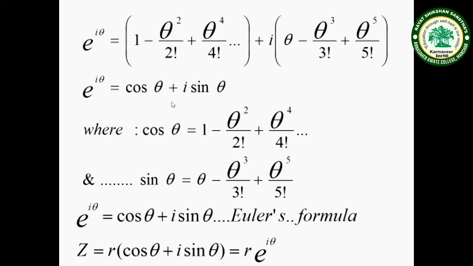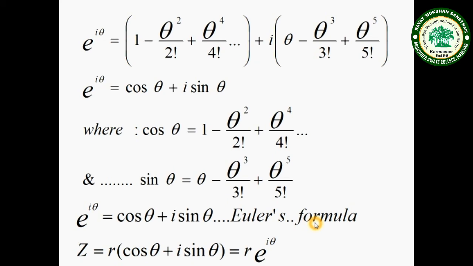And we have taken advantage of cos theta being equal to this, which is the even powers of theta, and sin theta is this, which is the odd powers of theta. Or this e to the power i theta is cos theta plus i sin theta. Henceforth we will call this Euler's formula, or the exponential representation of the complex number.